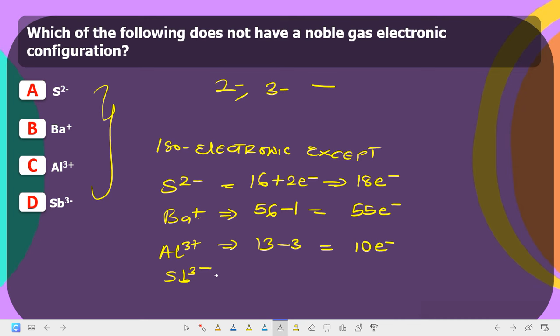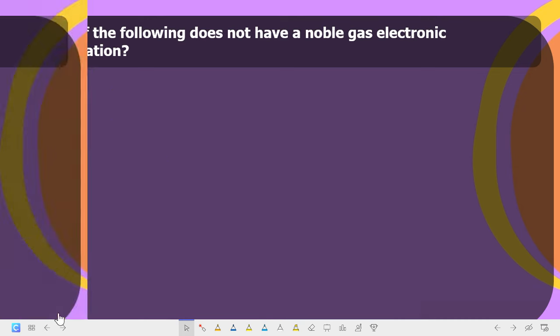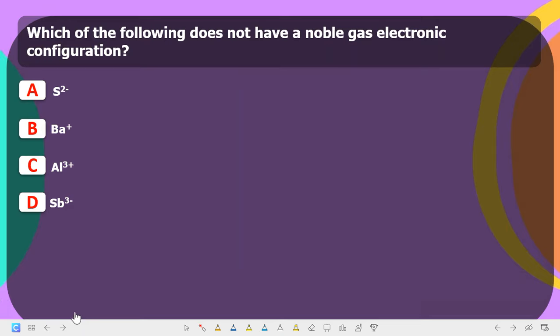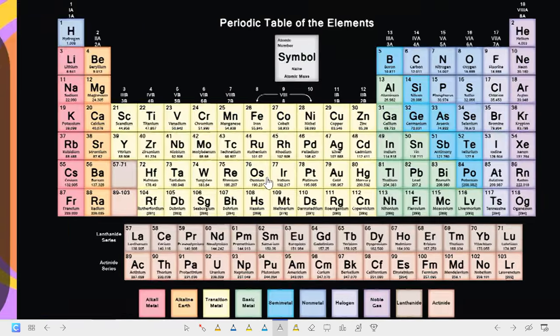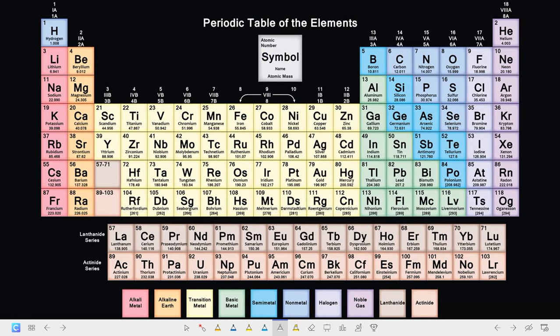So let's look for antimony in the periodic table and see if it will have a noble gas configuration. Antimony is in group 5, I think so. Now, Sb is 51.